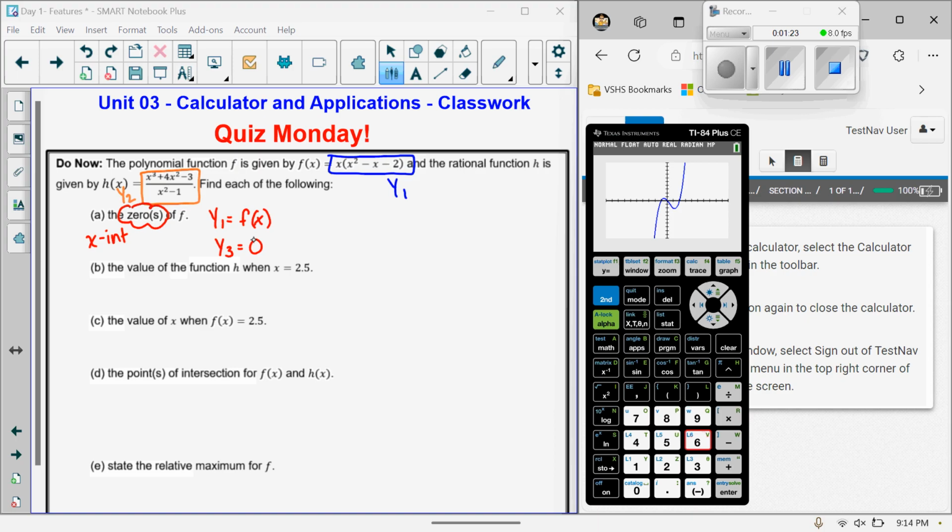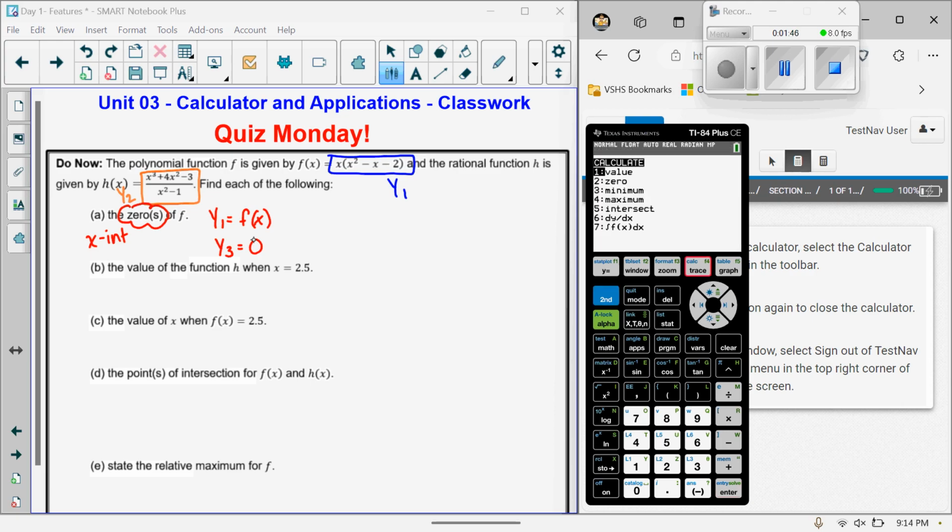And as you can see, I have 3 intercepts here. So second trace 5, I'm going to scroll over, hit enter 3 times, x equals -1. Second trace 5, scroll over, x equals 0.